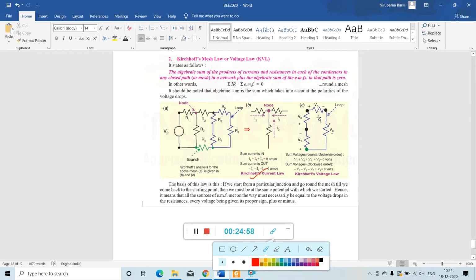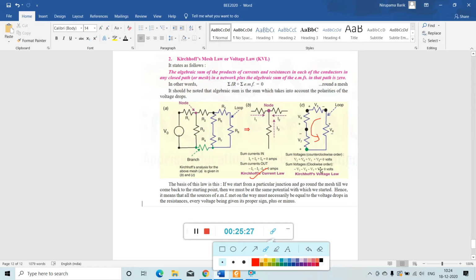If we go in a counterclockwise direction starting from B5, then B5 plus B6 plus B7 plus B8 is equal to 0. Here the outgoing point is positive, so the algebraic sum of all the voltages is equal to 0.